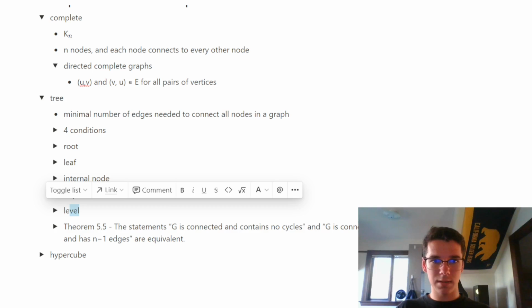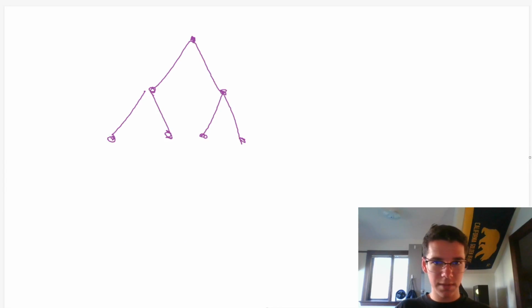The depth of a tree, let me switch over to Paint. The depth of a tree, and I just drew one out really quick, refers to the distance from the root to the lowest leaf. So say if we had a leaf here, the depth would technically be that. In this case, the depth is 1, 2, 3.